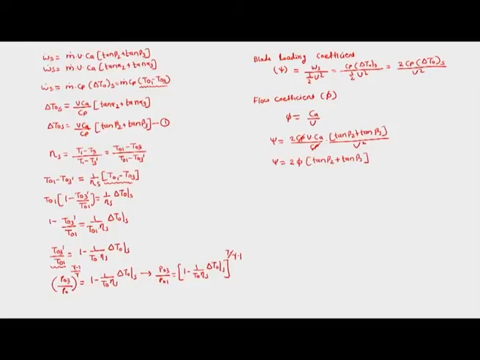So this is the relation between psi, which is the blade loading coefficient, and phi. This is how we can write the expression. Okay, so we will need these things when we work through some examples in case of the axial turbine.